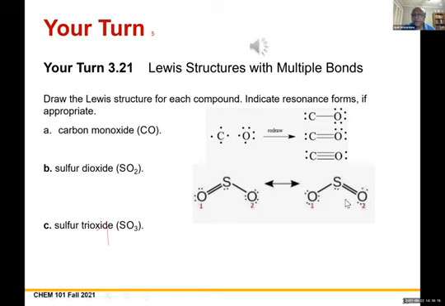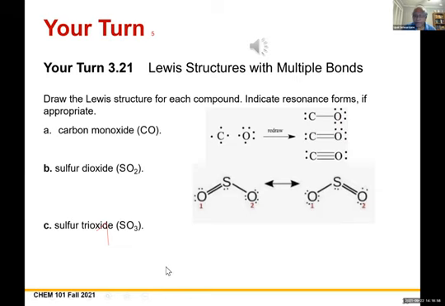But there's a possibility that we can put the double bond on the other side. Therefore, the Lewis structure of sulfur dioxide has two contributing resonance structures. The real bonds between sulfur and oxygen are not single or double, they are equal, with bond order 1.5, shorter than a single bond.